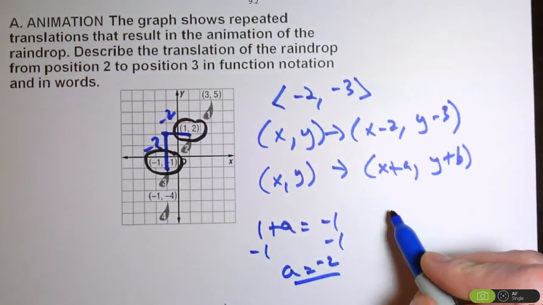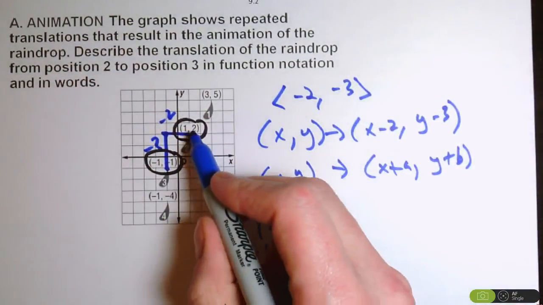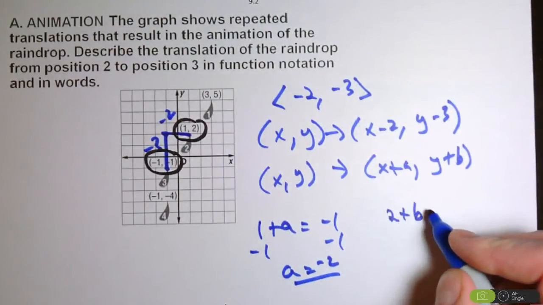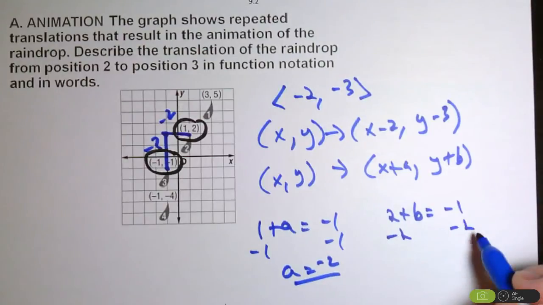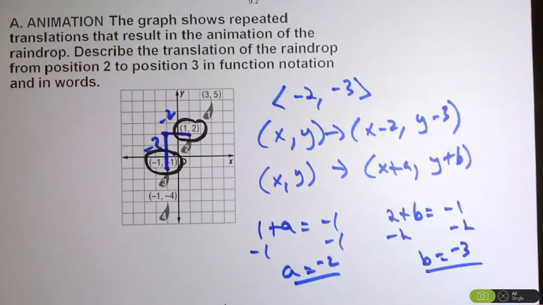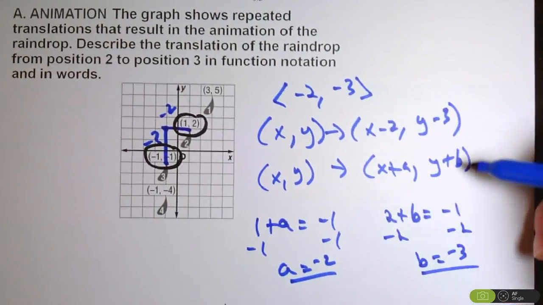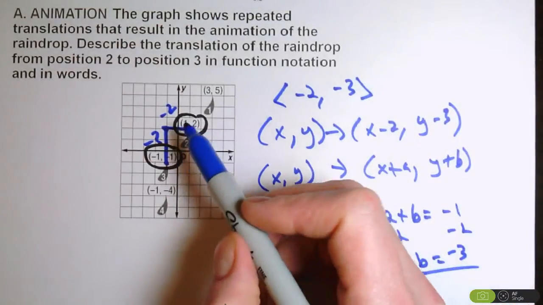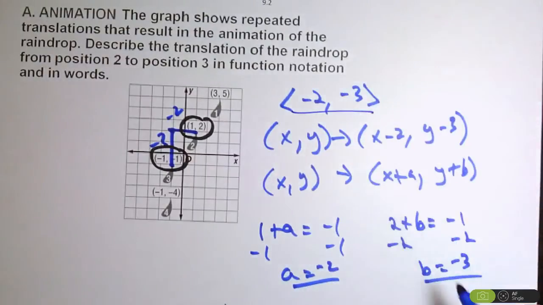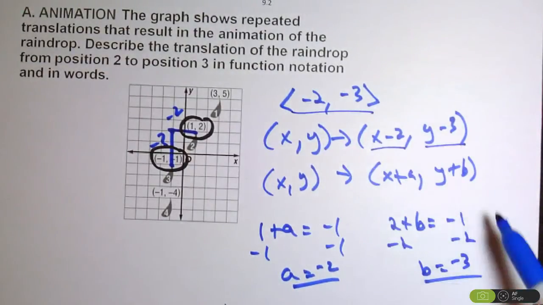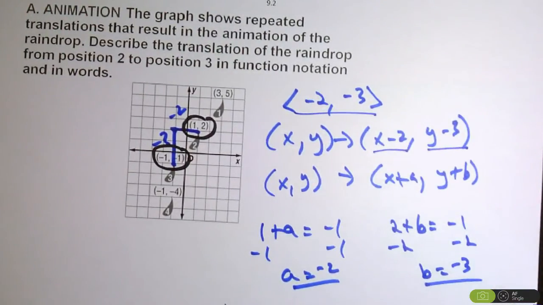Then the same thing, this is y plus b. Well, y was 2, so 2 plus b had to yield -1. So what would b have to be? -3. So the book likes to treat it in an algebraic way. I treat it in a much more natural way: we went left 2, down 3. That's where we went. So either vector -2, -3, or x -2, y -3 is the coordinate.